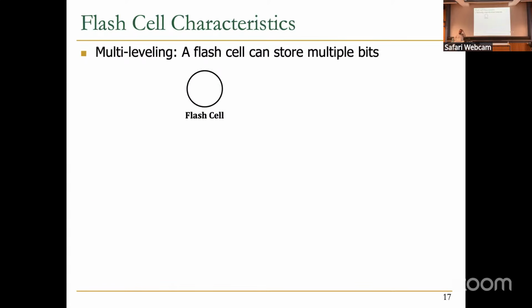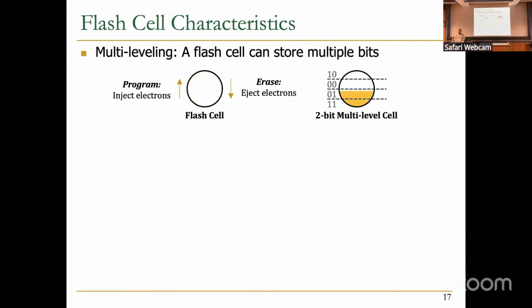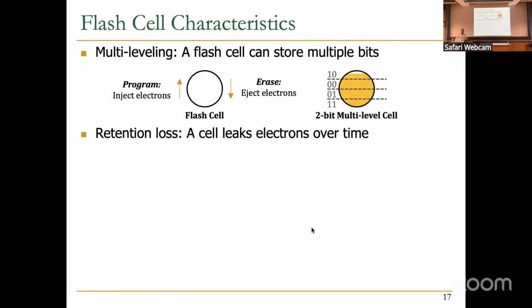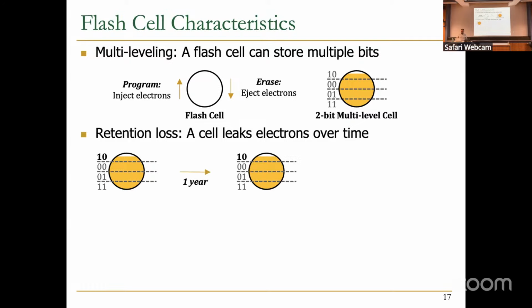Okay, so in a flash cell, you can also do multi-leveling, as you can imagine. Depending on how much charge we are trapping in the floating gate, you can encode it more accurately. Here we are showing 2 bits. Also, we have retention loss in flash chips, similar to DRAM. So a cell leaks electrons over time.